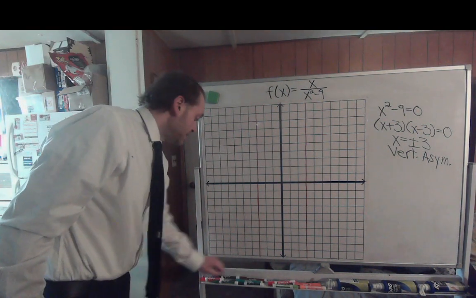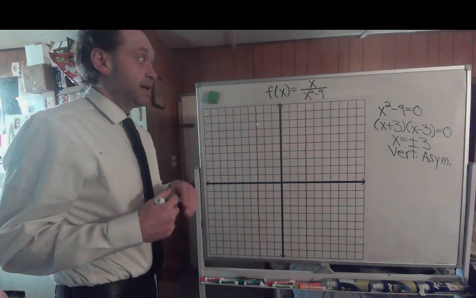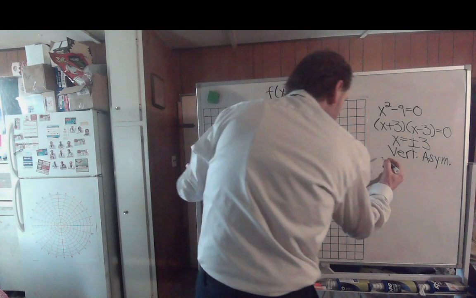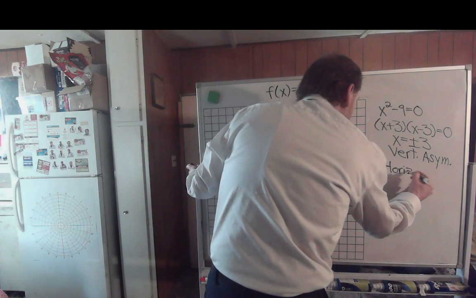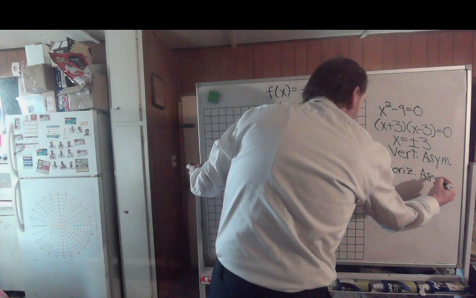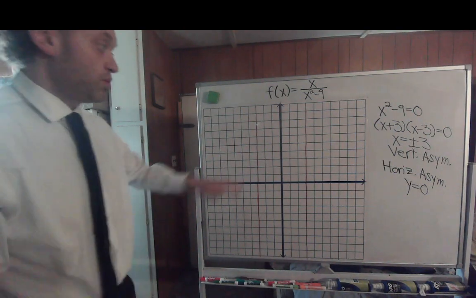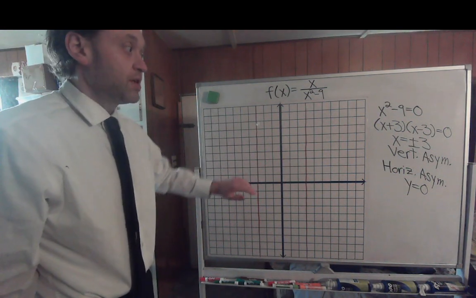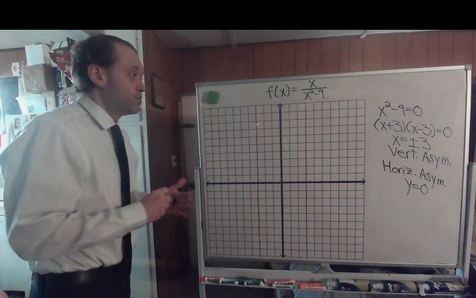Now, since the degree of the numerator is less than the degree of the denominator, we have a horizontal asymptote. So the horizontal asymptote can be found at y equals 0. So two vertical asymptotes where x equals both plus and minus 3, and then a horizontal asymptote at y equals 0. So let's graph this bad boy.